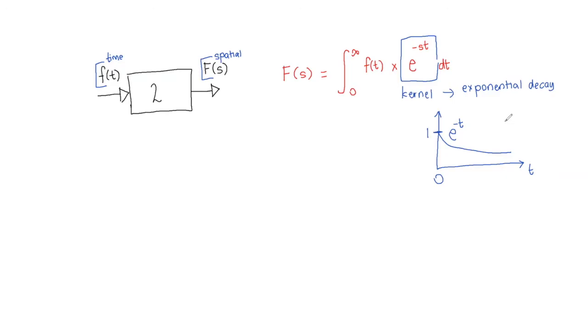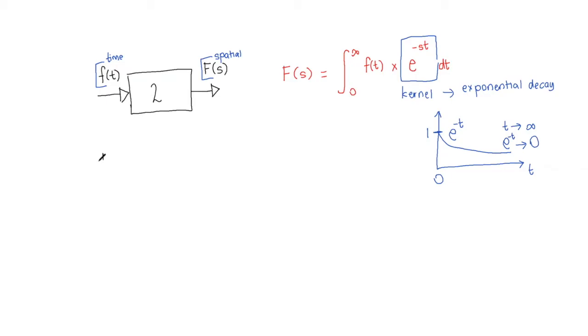And as t is approaching infinity, the exponential decay function will actually go towards 0. Yeah. So I will demonstrate this later with an example. Let's go to example 1.